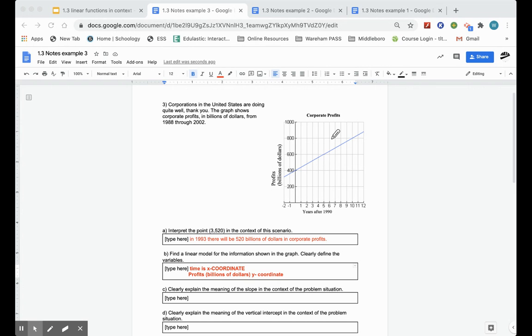Let me rewrite it: it's (0, 400), that is the y-intercept.